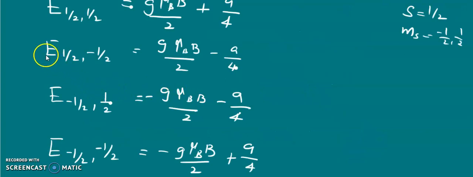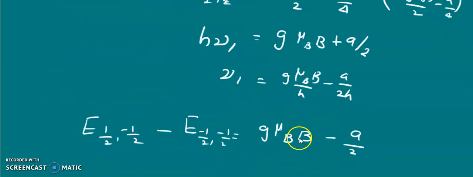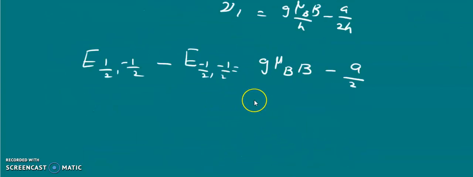So there we have this energy minus this energy. g mu B by 2 minus minus, so that will be plus. So twice this, that is g mu B. So minus A by 4 minus A by 4, so that is equal to 2 times minus A by 4, minus A by 2. So that is the energy of the line.